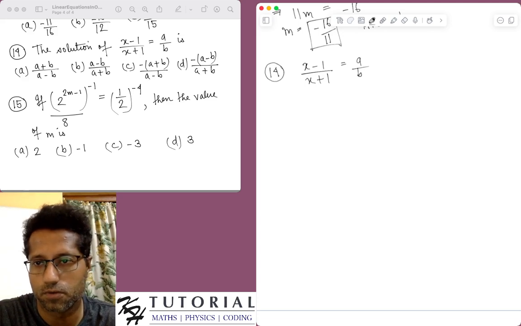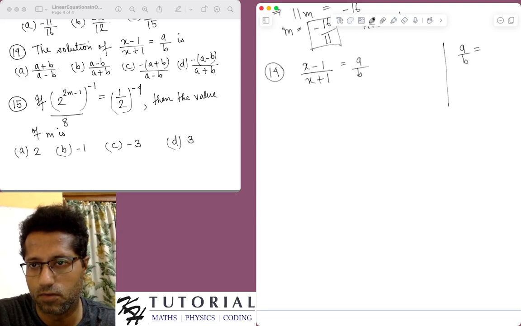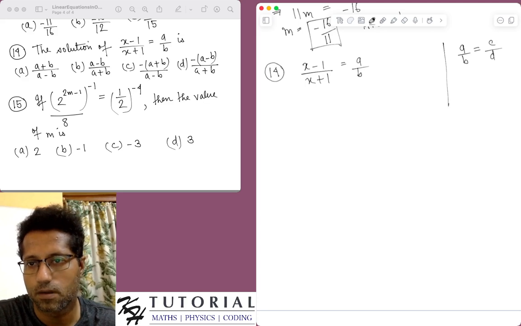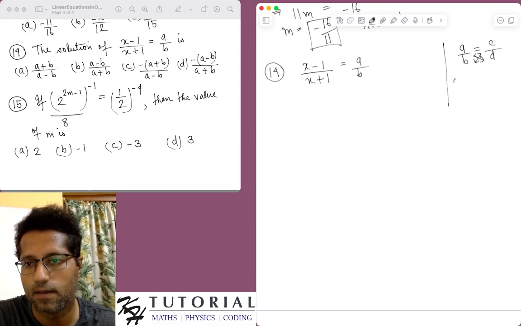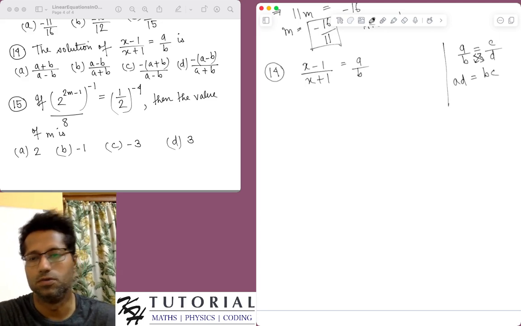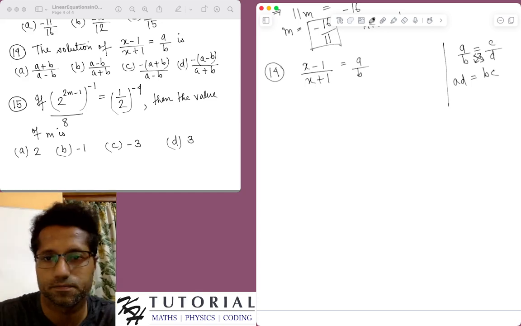We know that for rational numbers, if a by b equals c by d, then AD equals BC. This also applies to algebraic expressions.